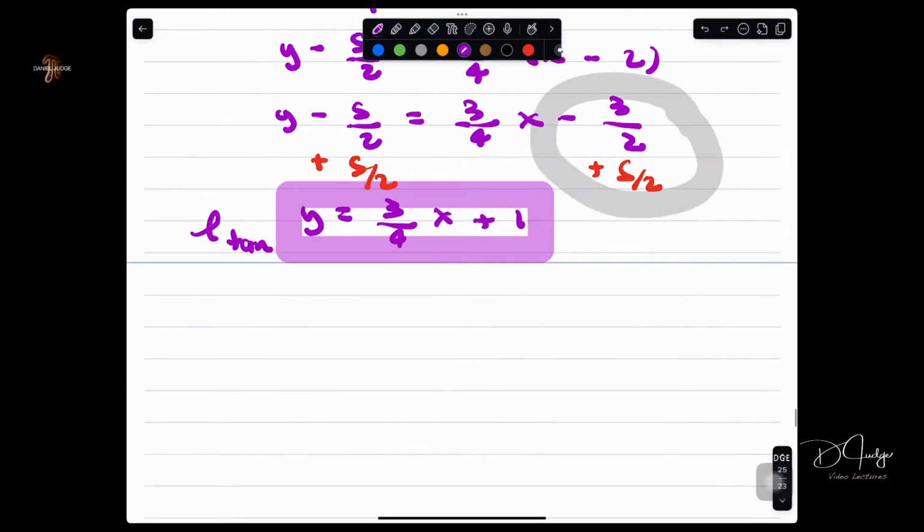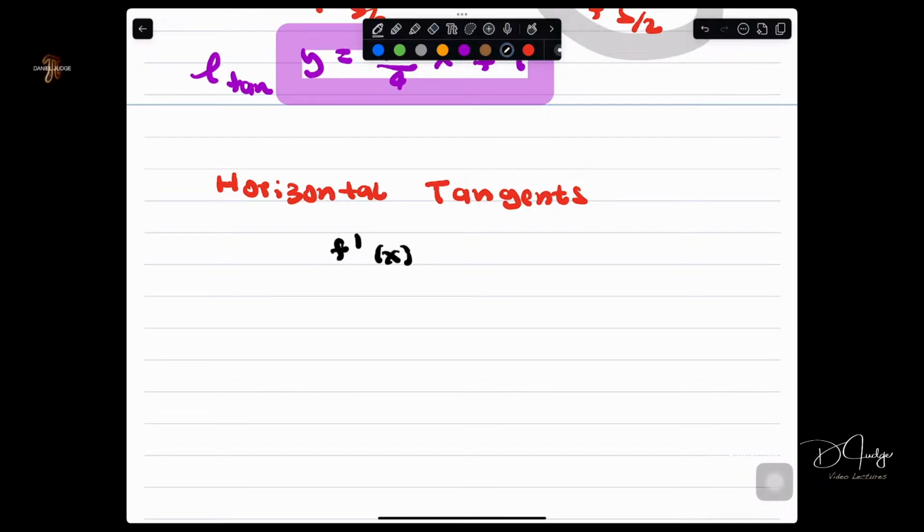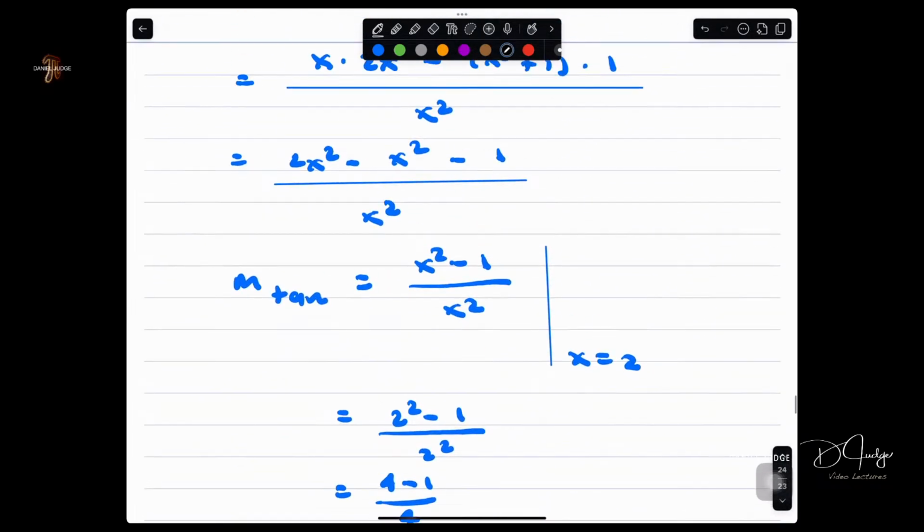Now, let's recall the second part of the question. They want to find, do you have any horizontal tangents? And remember what you do. You set that derivative equal to 0 here, and you solve for x. So that derivative we got is right up here.